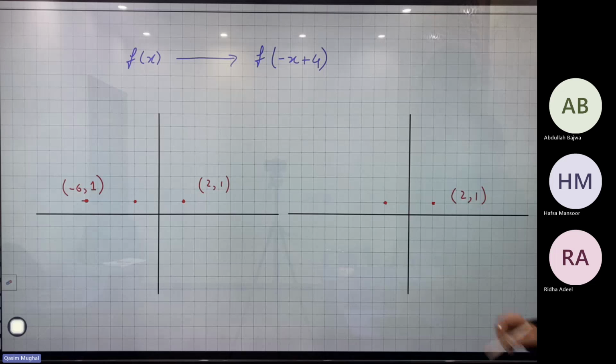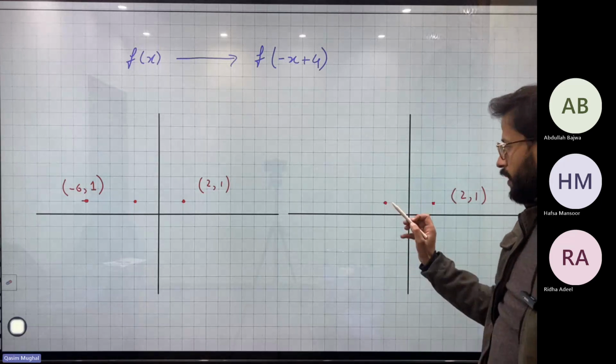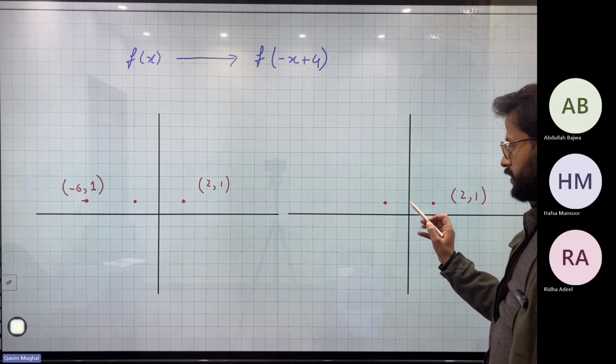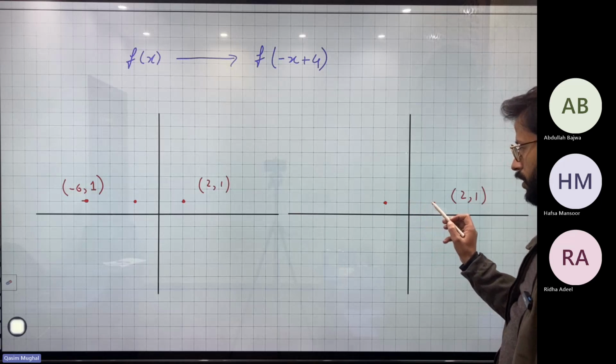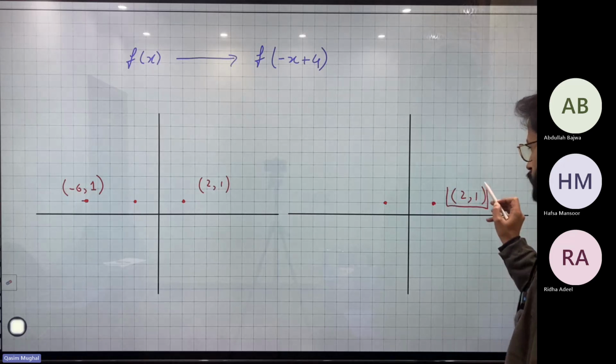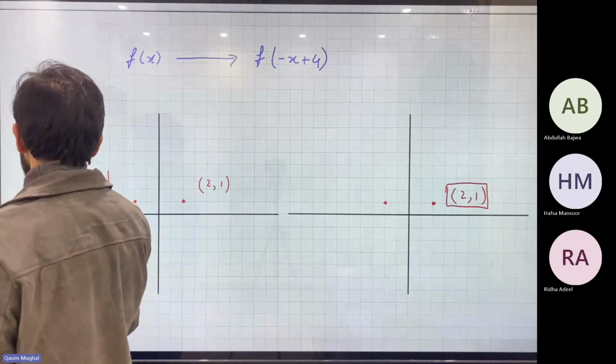So I have translated this point 4 units to the left. Translation done. Now the reflection part, reflection in the y-axis. This is 2 units away from the line of reflection. Its reflected image will be 2 units away on the other side. So it comes back to this point. So the final product has these coordinates.